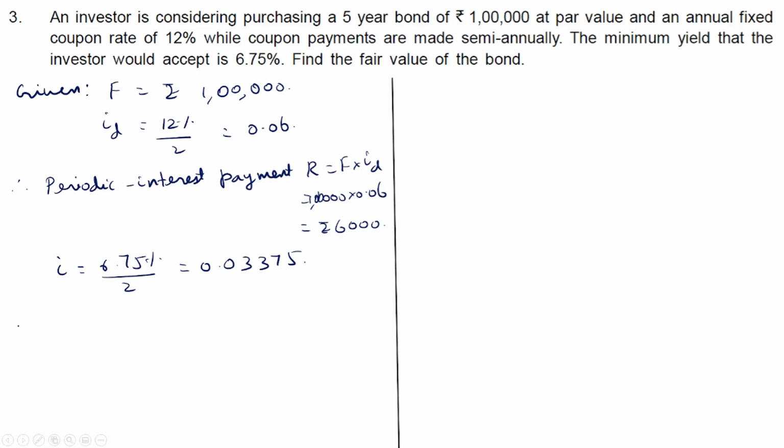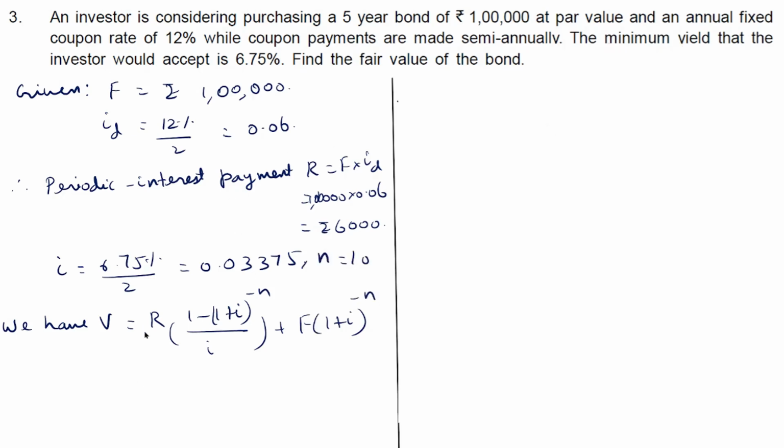And here, since no other information is given about redemption, it means the bond is redeemed at par. Now we can find the fair value of the bond as R into 1 minus 1 plus I the whole raised to minus n upon I plus F into 1 plus I the whole raised to minus n.